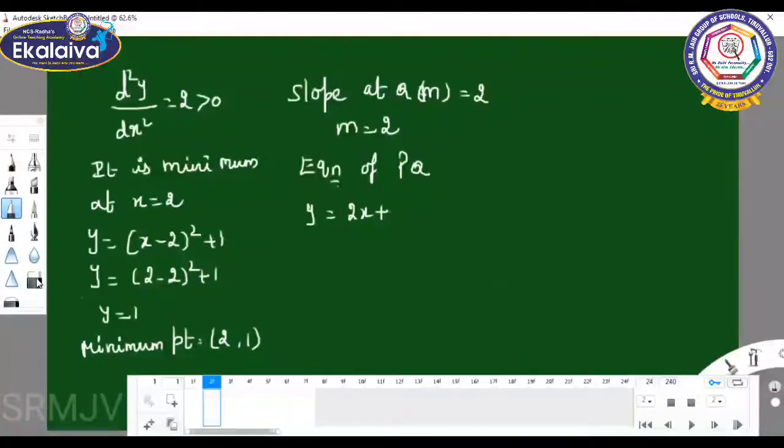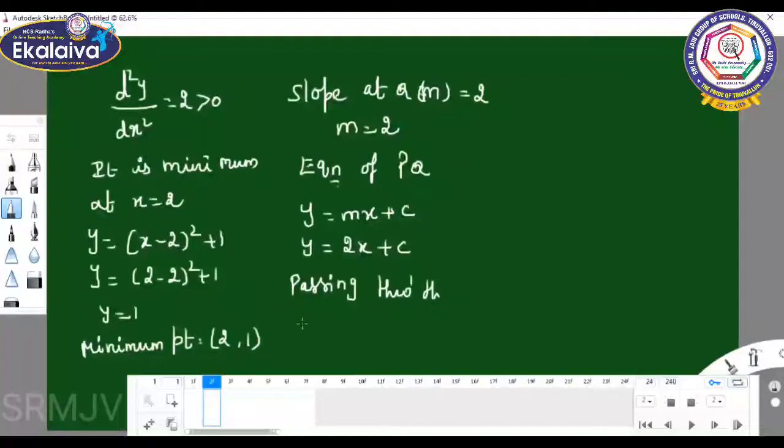It passes through the point 2 comma 1, so we can substitute and find the value of c.